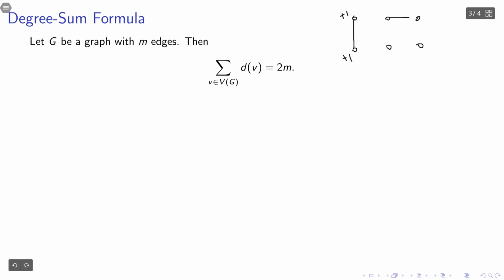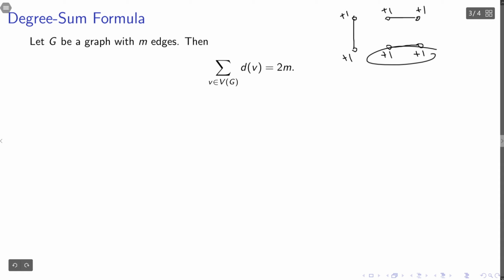I added another edge here, they go up by 1. And notice that whenever I add an edge, the degrees of two vertices go up by 1. In other words, for every edge I add into my graph, the total sum of all the degrees of your vertices is going to go up by 2 each time, which is an even number.